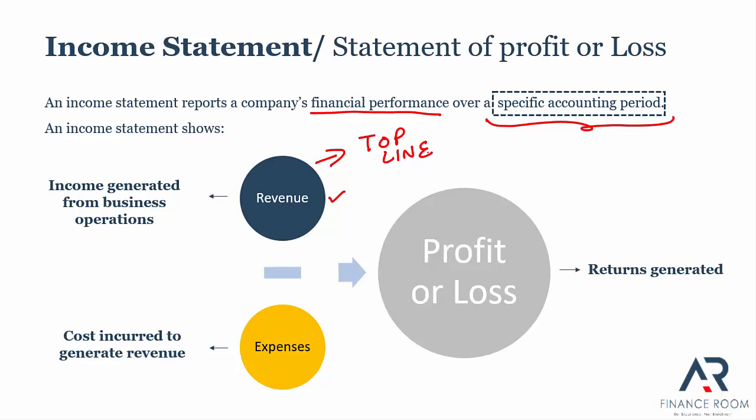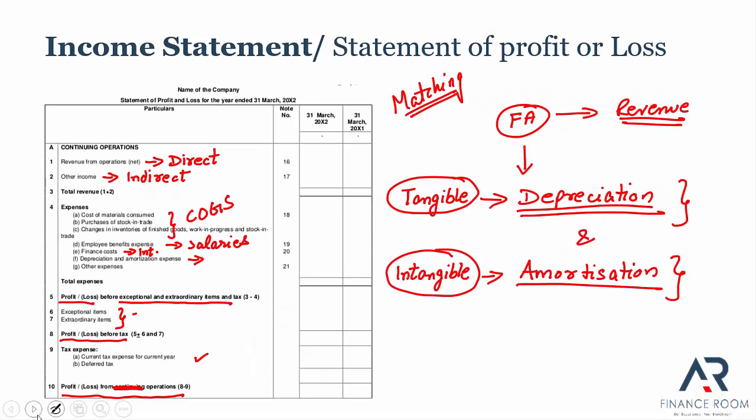So top line is the revenue. What is the bottom line? It's the profit. So top line and bottom line. Perfect. So that was the income statement.